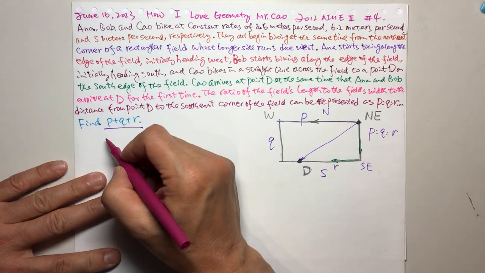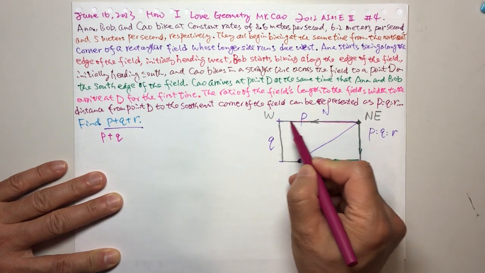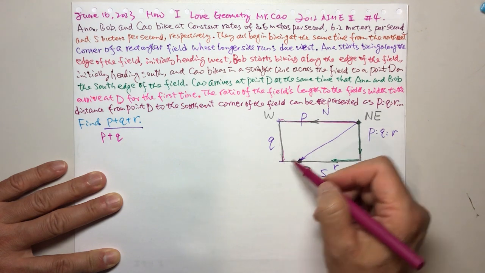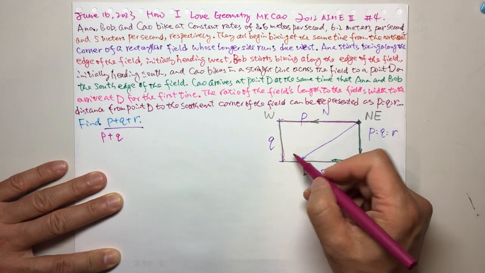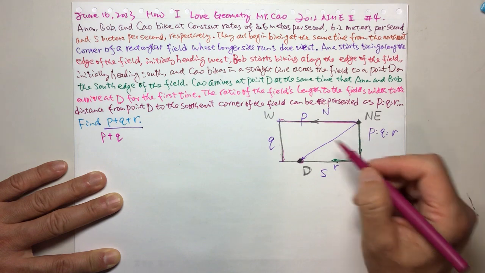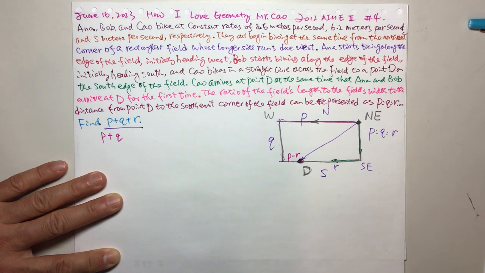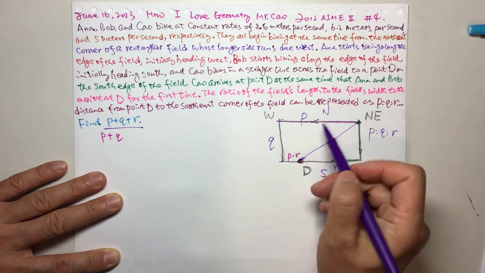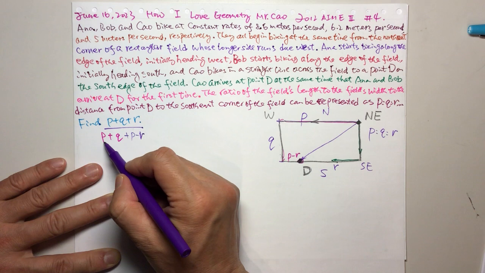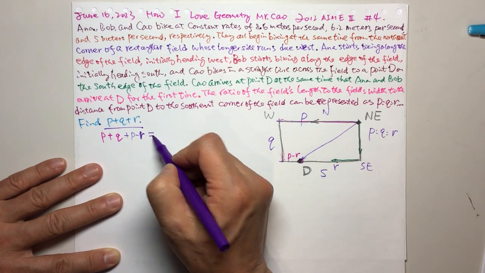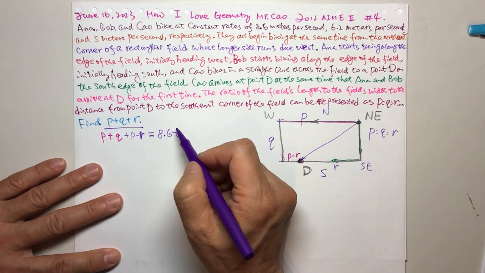We can easily write down P plus Q, because A is the first guy, so he runs to here, right? And this part is how much? P minus R. So P plus Q plus P minus R, that's the total distance, and it equals his speed, 8.6, times time t.